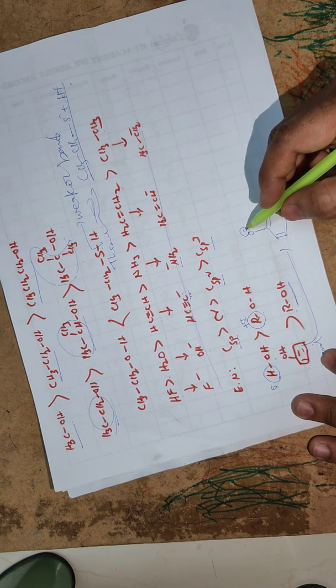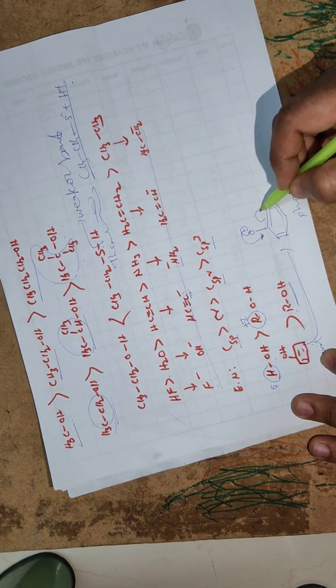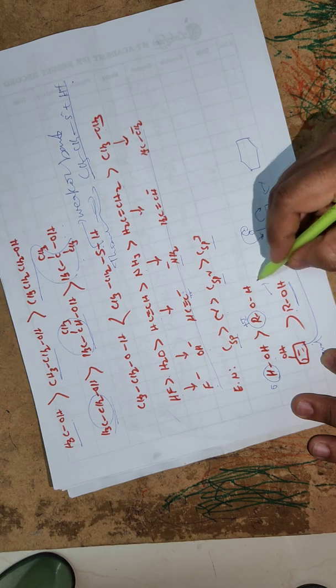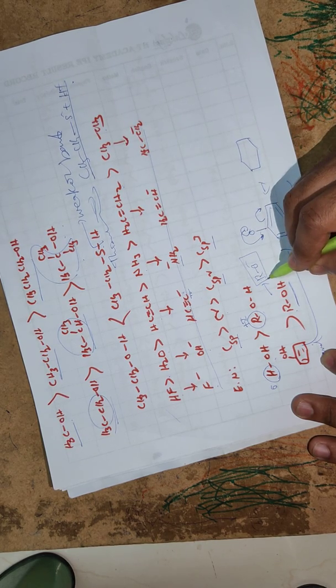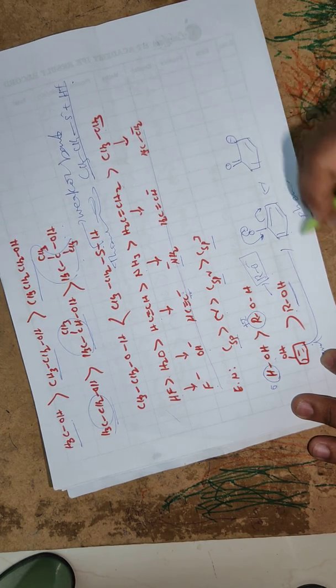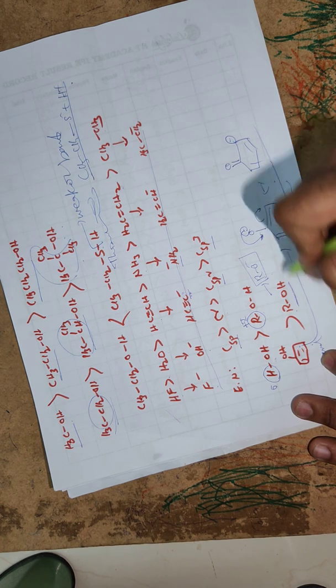You know that resonance, so it is stabilized by resonance. So this conjugate base is more stable when compared to this RO minus. For this conjugate base there is no resonance working, but in this case there is resonance, so it is stabilized by resonance. That's why phenols are more acidic than alcohols.